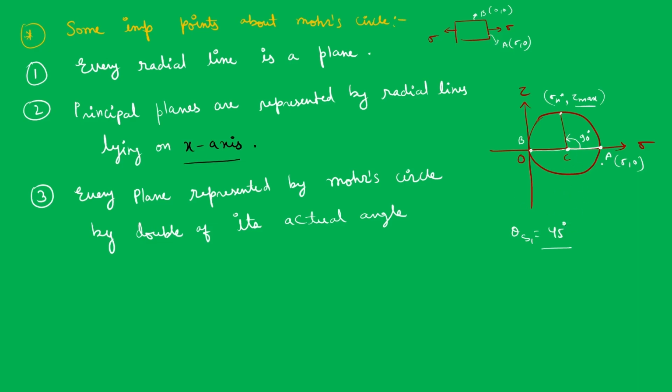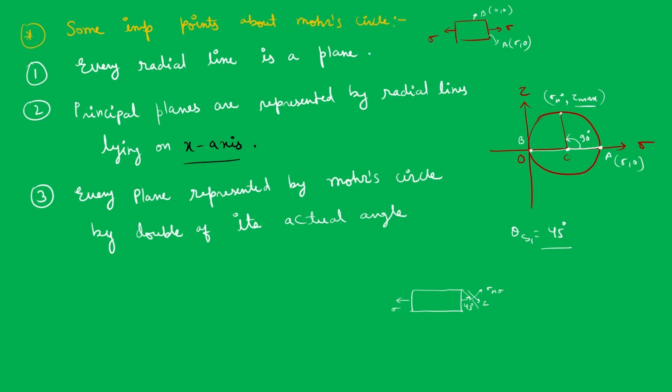And not only that, you can see the principal plane. This is one reference plane, and this is another reference plane. Let's say this is sigma, and this is my other reference plane. So this angle is 45 degrees. For the shear stress, there will be some tau and some sigma and theta. You guys already know that.